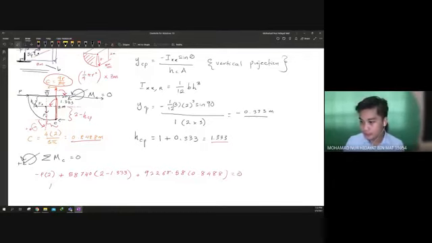And finally, you can solve the value of P is equal to 58748.6 Newton. That is the final answer.